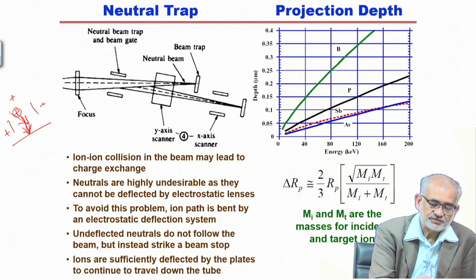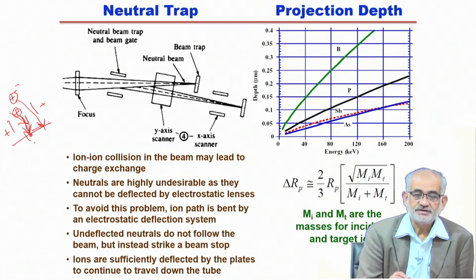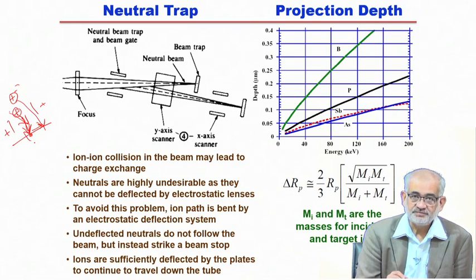But if it's a neutral, then this neutral cannot be manipulated. So it will end up falling somewhere here. As a result, instead of hitting at this spot, you'll be hitting somewhere else. So the precision of the process will suffer. So we don't want neutrals to be part of the incoming beam which is incident onto the substrate.